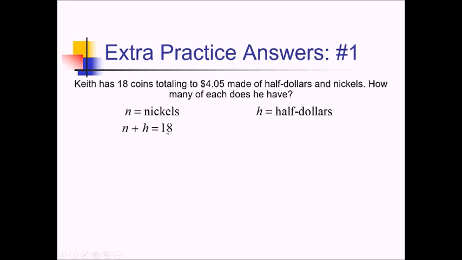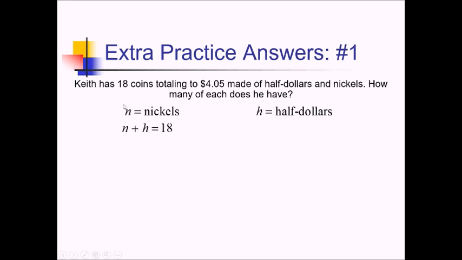We're going to have to set up another equation, though, because this is not enough to solve for n or h by itself. So we can also have an equation talking about the value of the coins, adding up to $4.05. So the value of the nickels plus the value of the half dollars needs to add up to $4.05. So the value of the nickels, and I'm going to do all this in terms of cents just so I can avoid decimals.